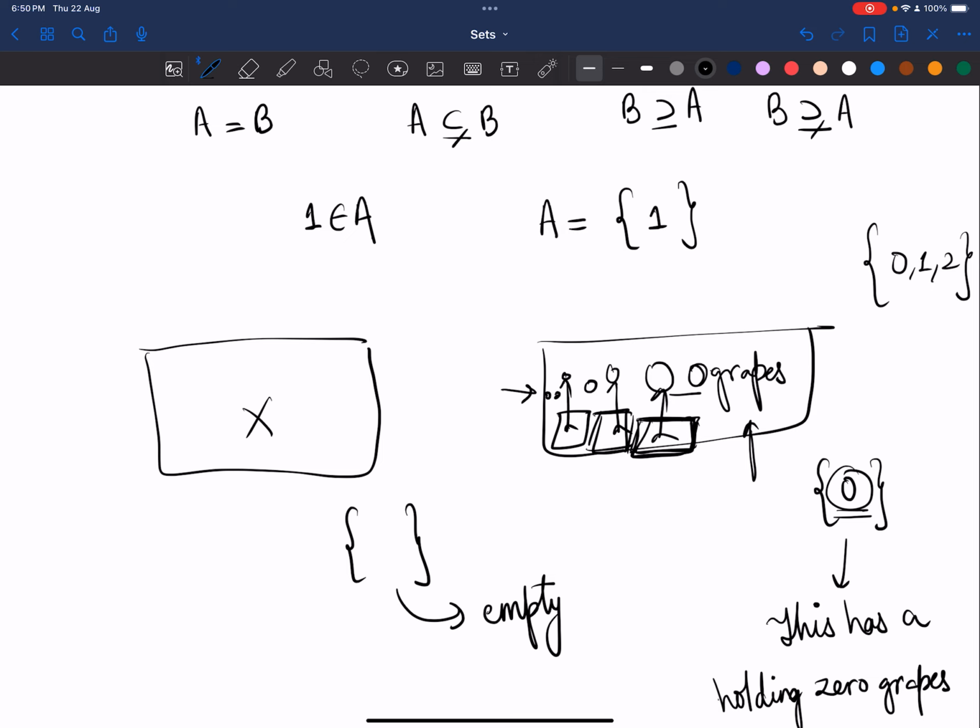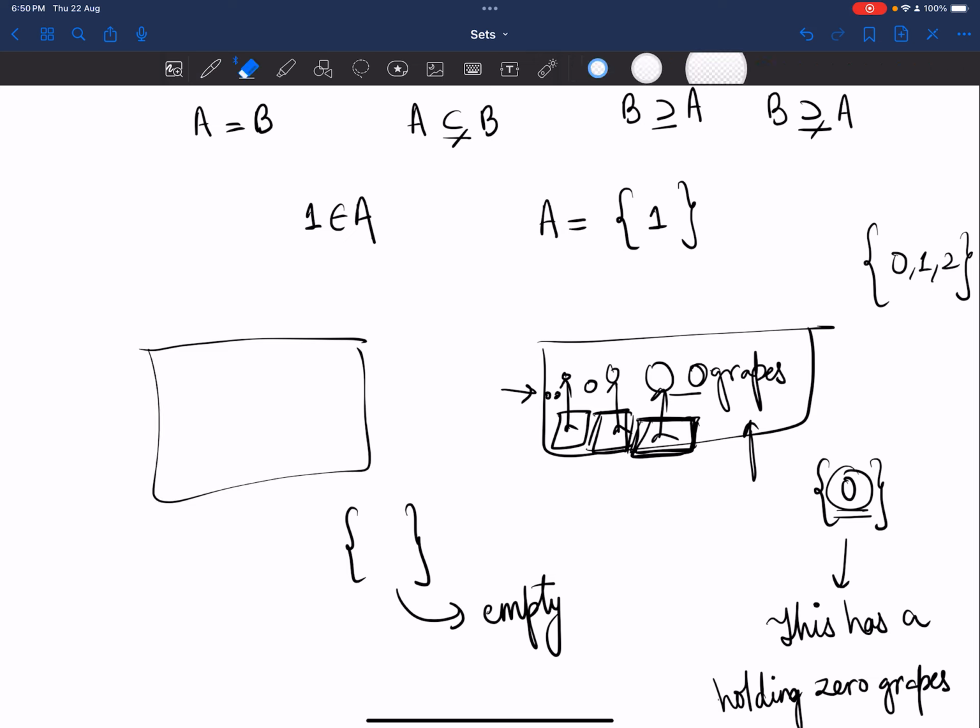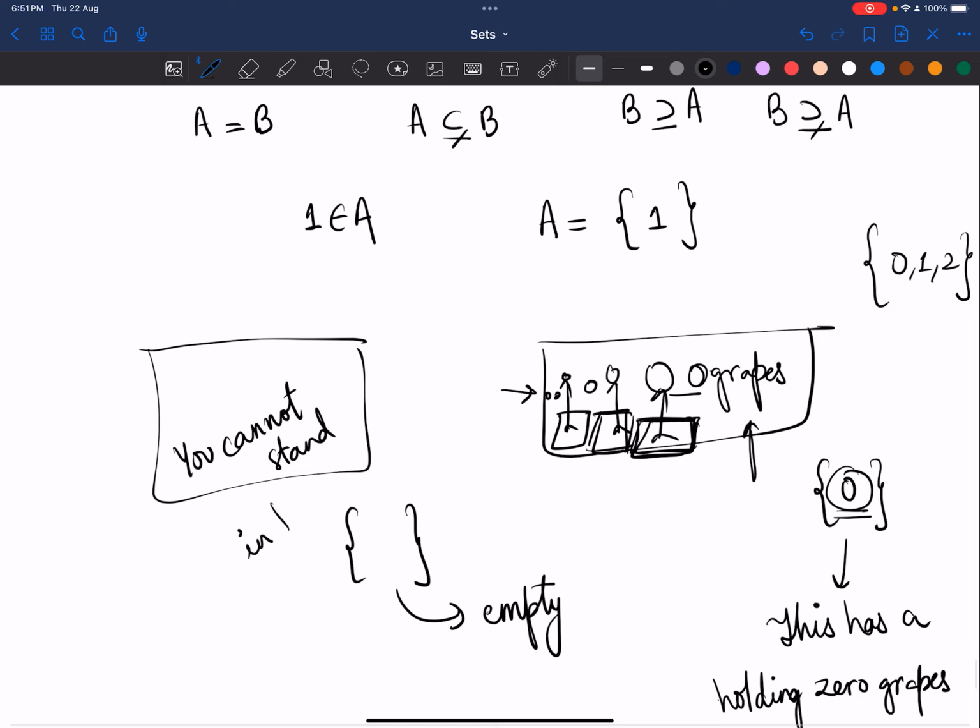Now you see in this room, what you have to understand is, there is no space. The room doesn't have space for a man. You can't stand. Problem is, you cannot stand in this room. It's not just about the room being empty.